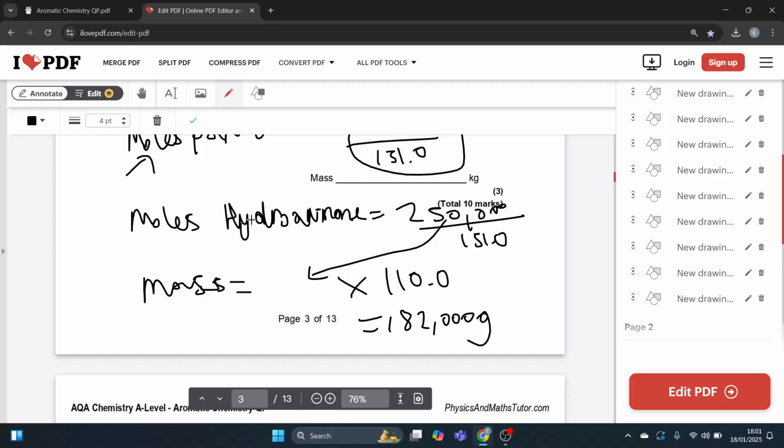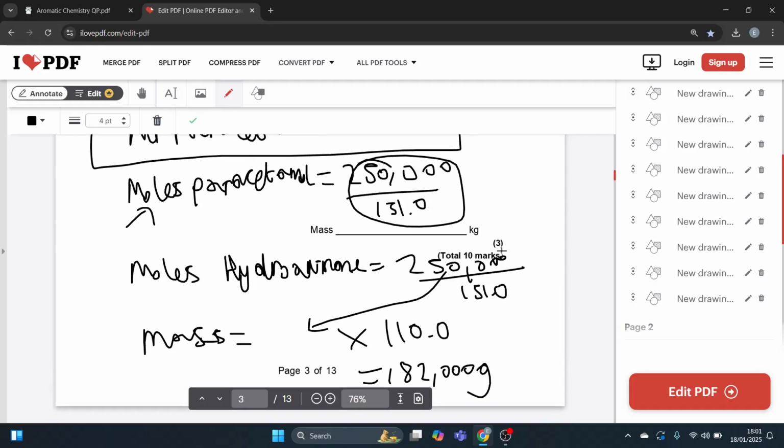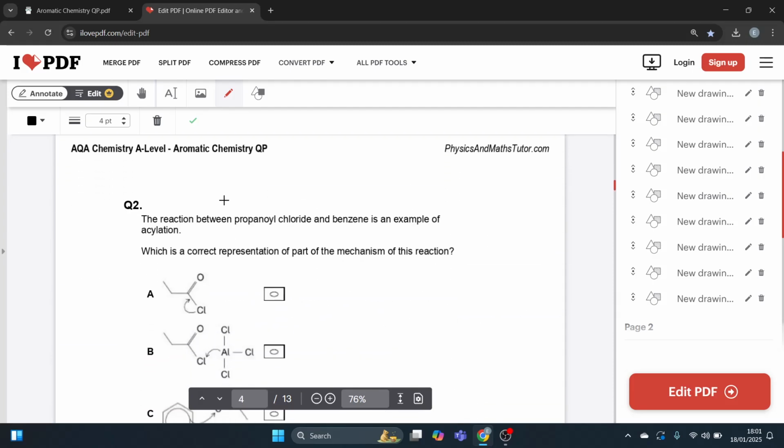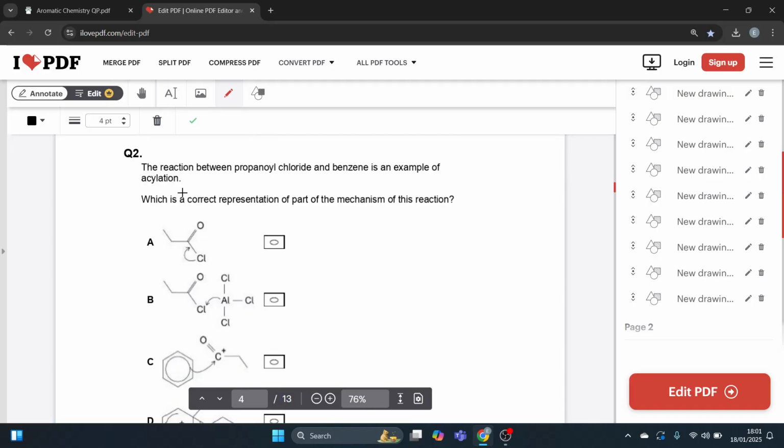Grams, because mass is always measured in grams and moles is mass per MR. Therefore, we want it in kg, 182 kg. So it's not necessarily a hard question, it's just multiple steps. Understanding you have to convert kilograms to grams and then back from grams to kilograms, which shouldn't be a difficult conversion.